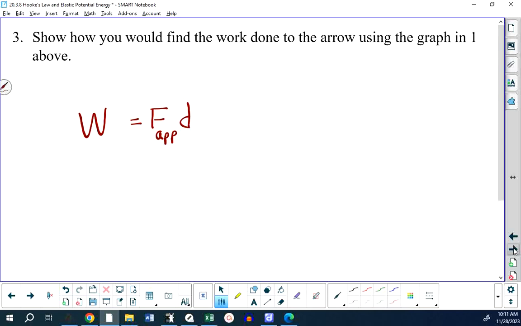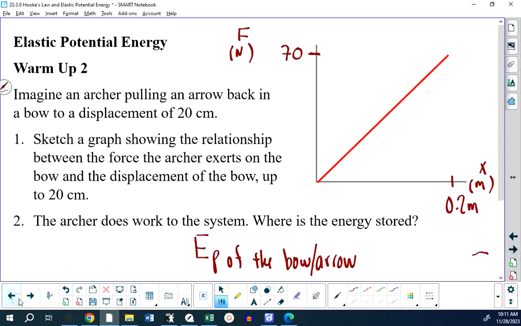That's exactly what it is. Look, if you look at this graph and you say, I'm going to calculate the work done by using 70 newtons, when are you applying a force of 70 newtons? At that one point. Would you agree at some point in time you were applying a force of 0 newtons? So we certainly wouldn't use 0 for the applied force.